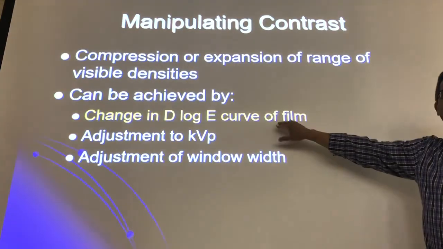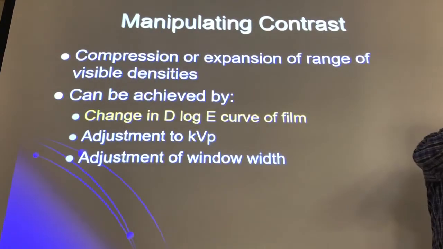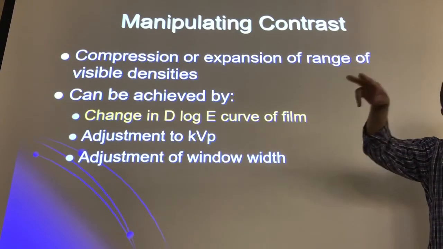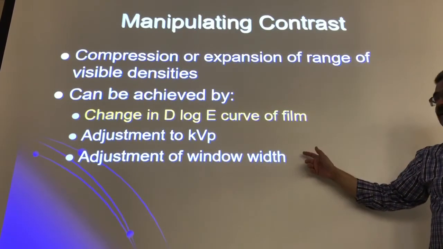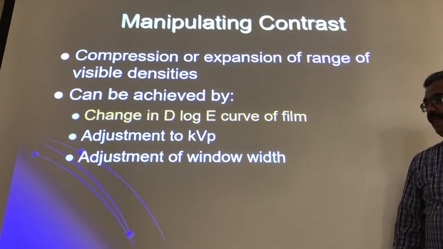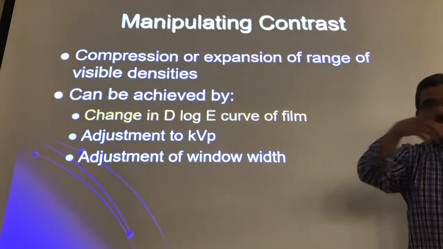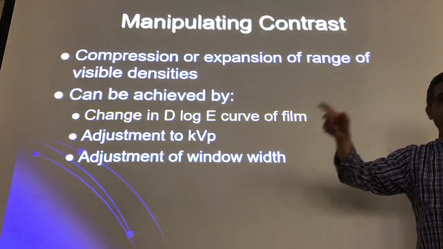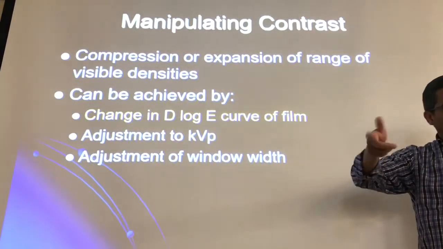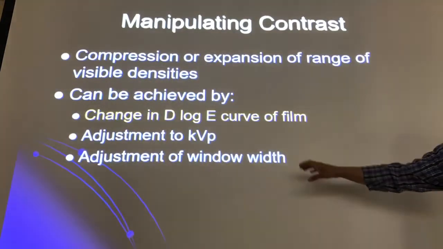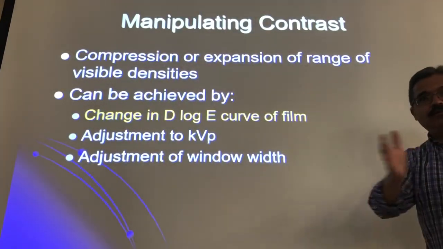And why is this important? I'm bringing this up because even though it applies to film, it applies to you manipulating your computer systems. When you do window width, and you all do, because I've seen you start manipulating the computers, and your techs do, especially those at Redwood City Kaiser, you like to move that scale.